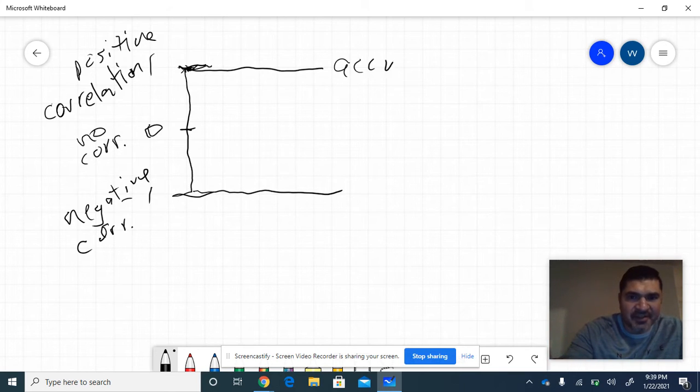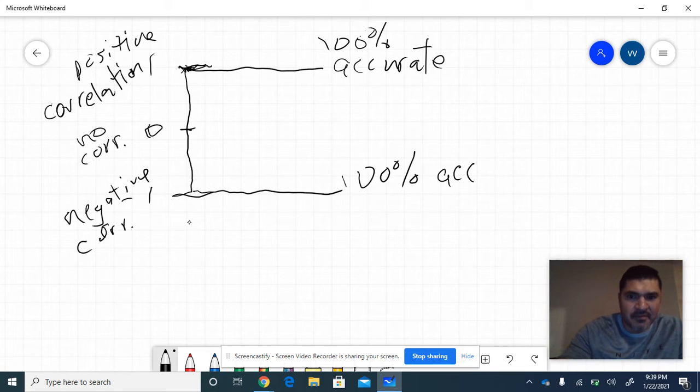This is 100% accurate. This down here would be 100%, not inaccurate, but accurate as well. And in the middle, 0 correlation is 0% accurate.